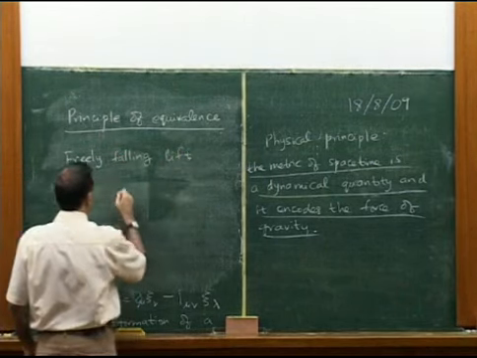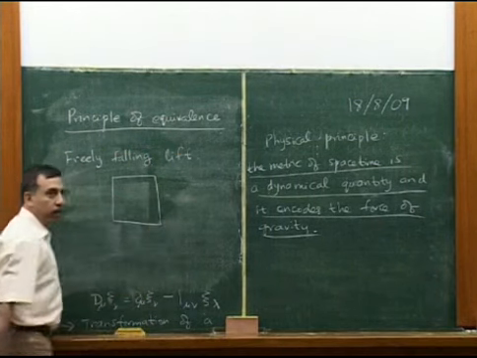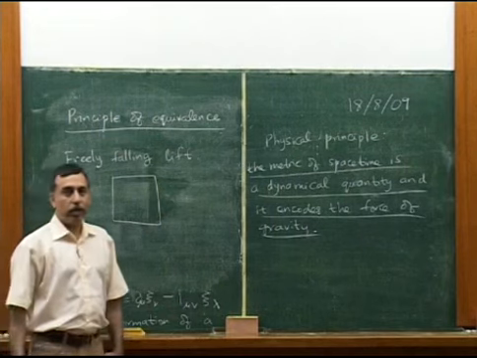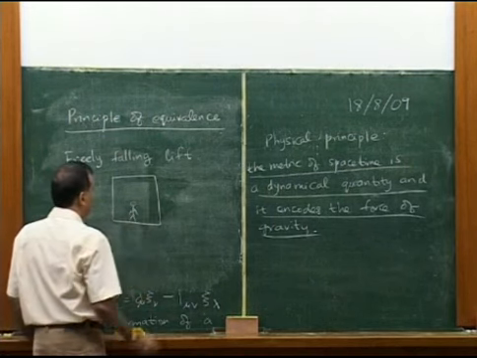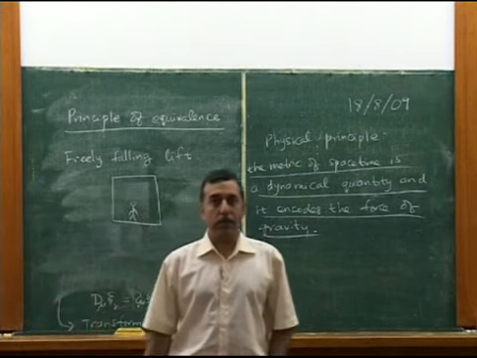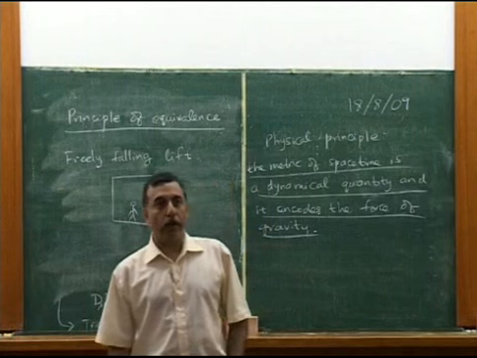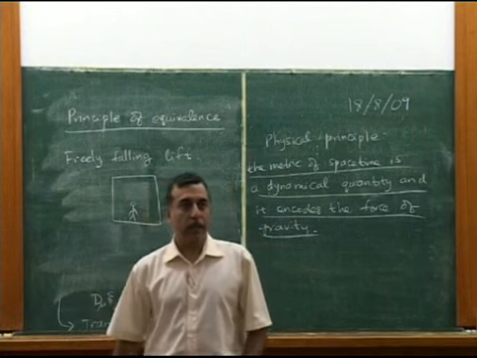So the idea of a freely falling lift is that there's something which is a closed enclosure, very comfortable inside. There's a person inside, but that person cannot see out, and that person just has to judge what is going on, what physical laws apply, by doing some experiments inside this box.